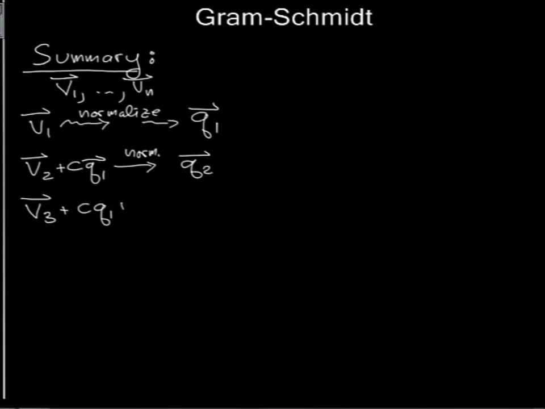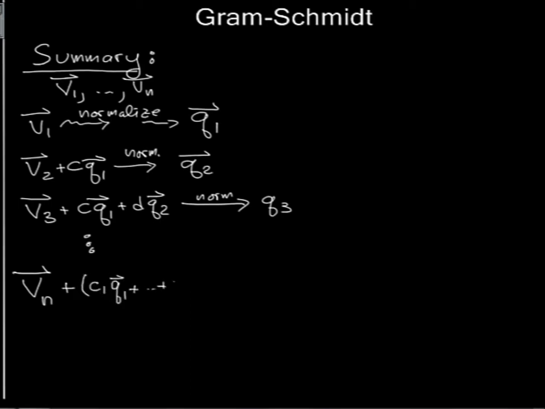And then we're going to take v3 and add some multiples of q1 and q2 to it, and then normalize it to get q3, and so on. So finally, at the last step, I'm going to add some linear combination of the preceding q's in order to make this thing orthogonal to them, and then normalize it, and that will give me qn.